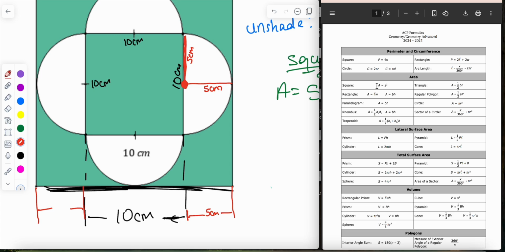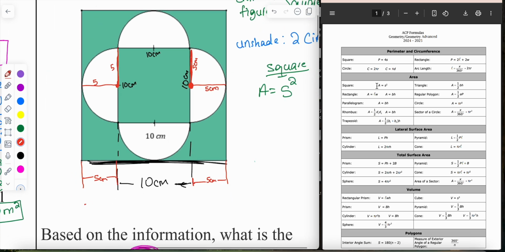Over here would also have to be 5 centimeters because from here to here is the radius. From the center to the circumference is 5, and from the center to the circumference is going to be the same 5. So the length of the entire square, all of down here, would have a length of 10 plus 5 plus 5, which gives us 20.